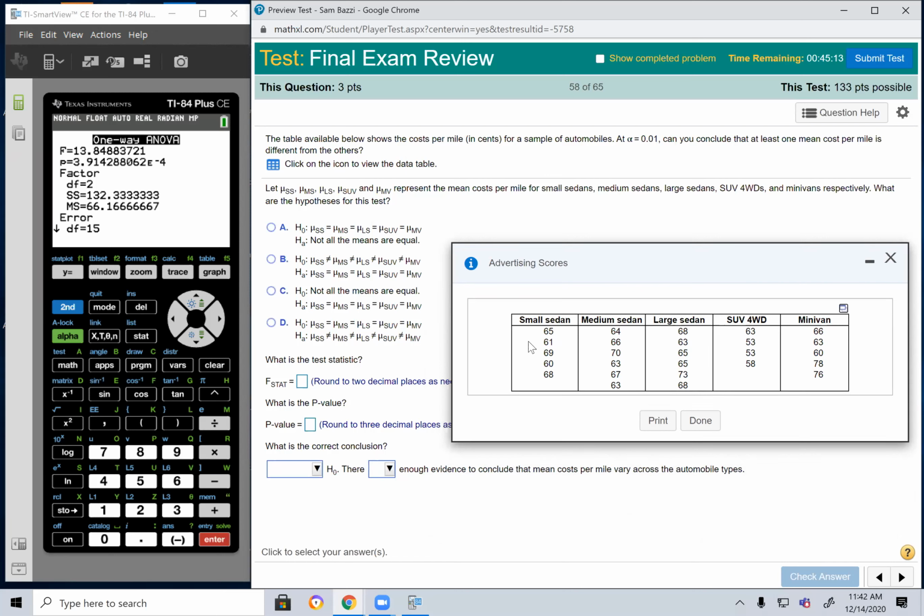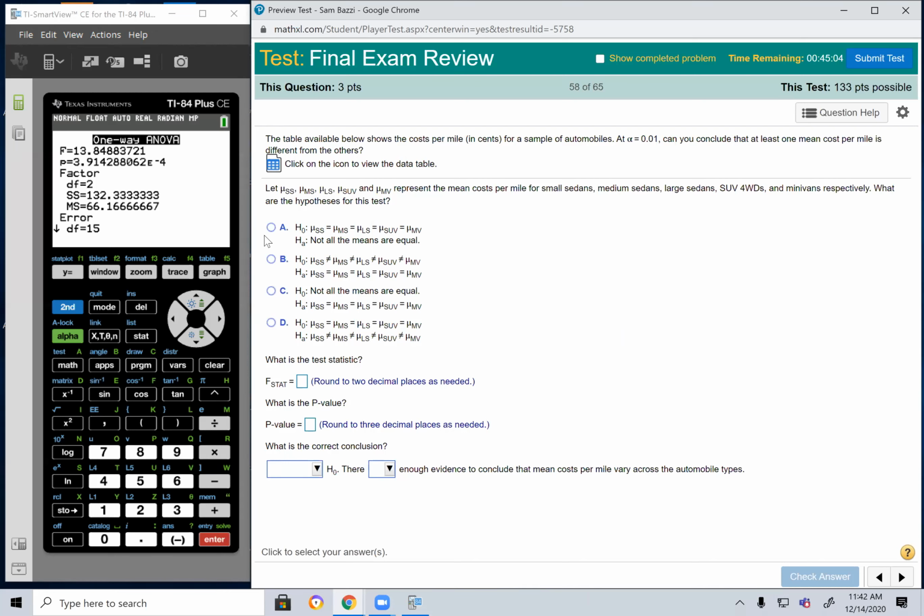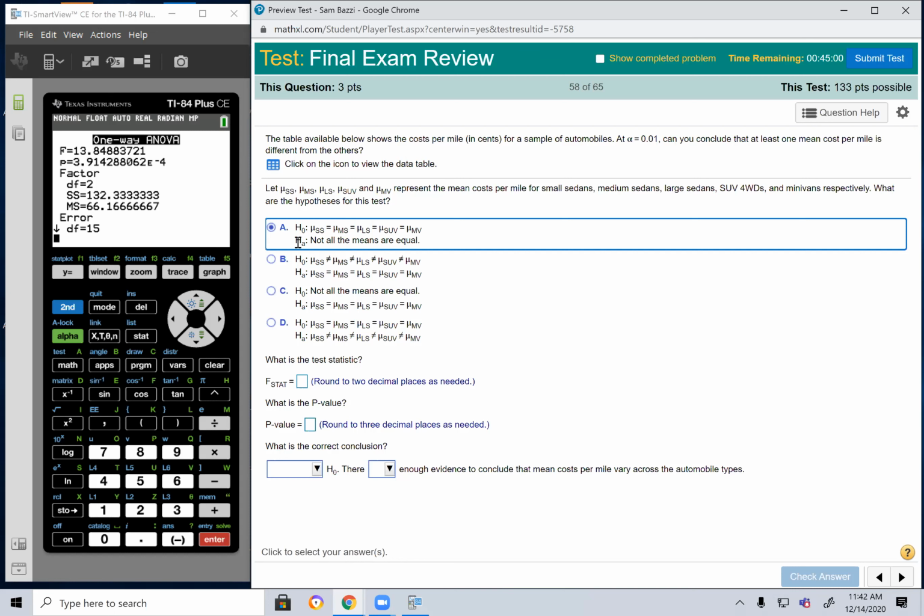So you just put the data in L1, L2, L3, L4, and L5, and your null hypothesis will be this. He didn't use 1, 2, 3, 4, 5. That's fine, he uses the labels. So let me just put some directions for you.